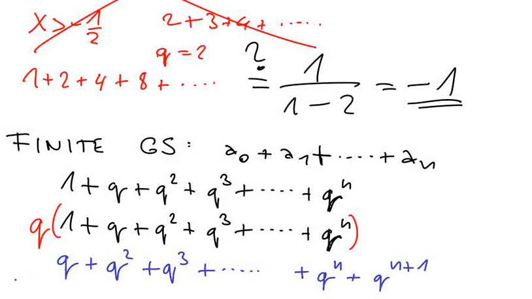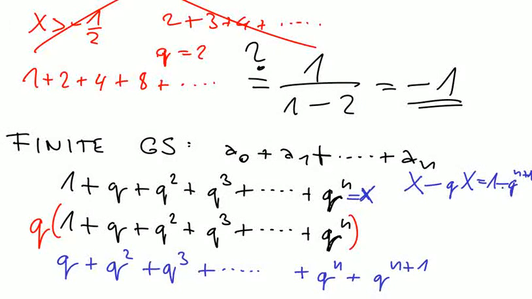But now if we take the difference of these two quantities, then what we obtain is, this was equal to x, then we have x minus q times x is nothing else than 1 minus q to n plus 1, because all other terms will be eliminated, at the top and the bottom part, so they will eliminate each other.